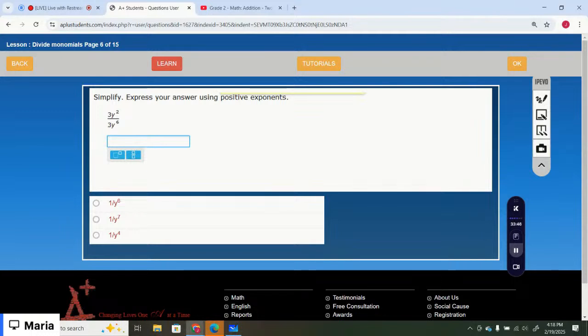That is 1 divided by y4. Option number 2 is the correct option.